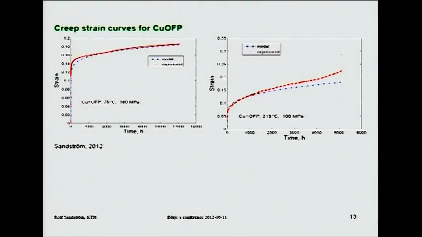You can also describe the strain time curves for copper here. You see, they have the experimental values and the model values, and as in the previous slide, this covers quite a range of stresses and temperatures.